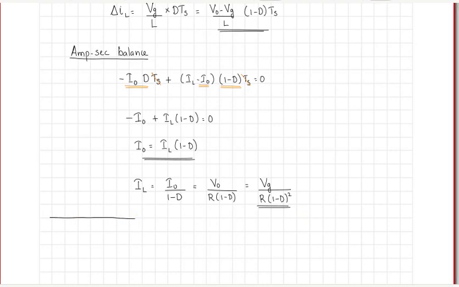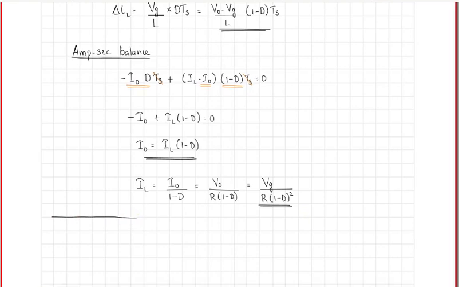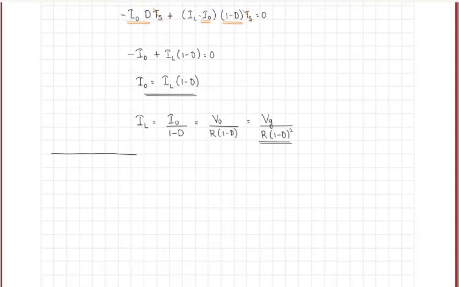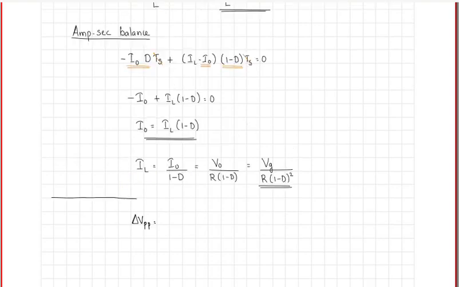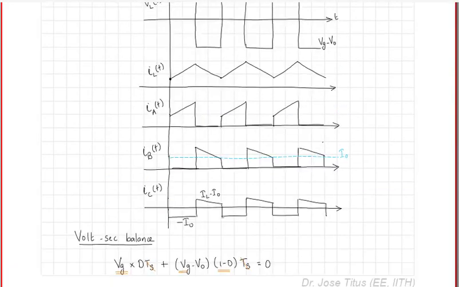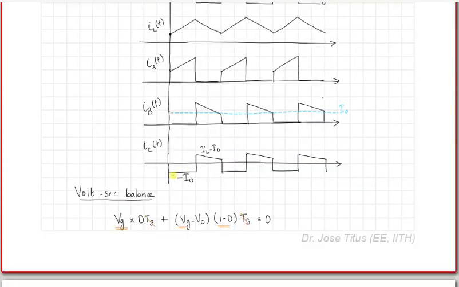So one can also then look at what is the voltage ripple in the capacitor. The delta V peak to peak is very straightforward, because now you have a situation where the current through the capacitor is minus I0 during dTs, and that is the portion where the current is negative.